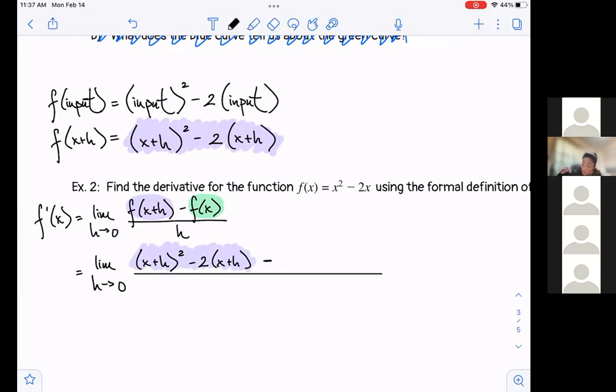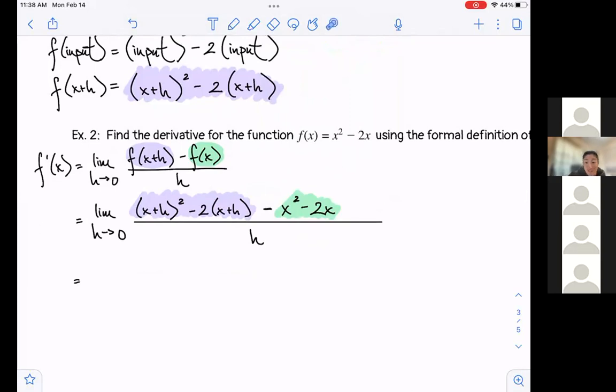Minus, what do I put in for the green part, the f of x? The function actually is just x squared minus 2x. Great. All right, so all of this comes from our f of x. And on the bottom, I keep the h, okay? Great.